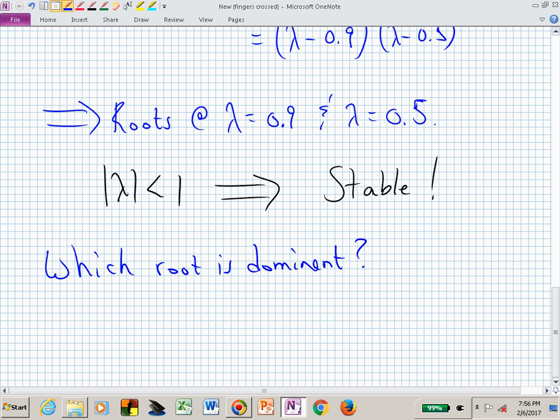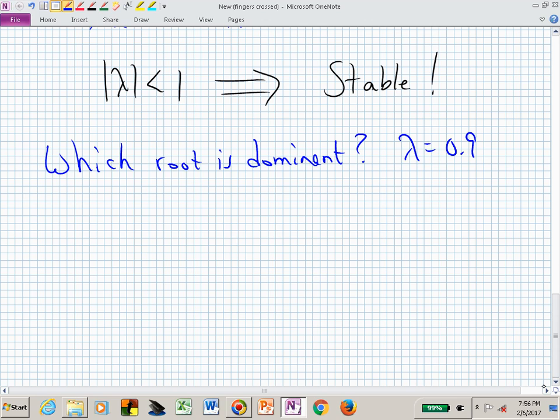You said they're stable, they're all inside the unit circle. Which one's dominant? It's the one that's closest to z equal to 1, that's the one at 0.9. So what? That now allows us to use that one in our calculation of settling time.